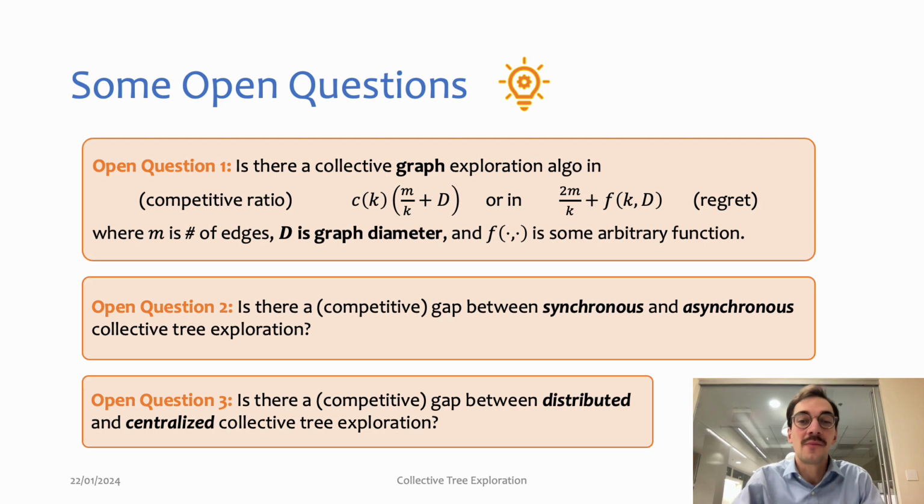Two other settings that I also introduced are the distributed setting and the centralized setting. This talk focused on the centralized setting of collective tree exploration, and it is unknown whether there is a competitive gap, again, either in terms of regret or of competitive ratio, between those two very natural settings.